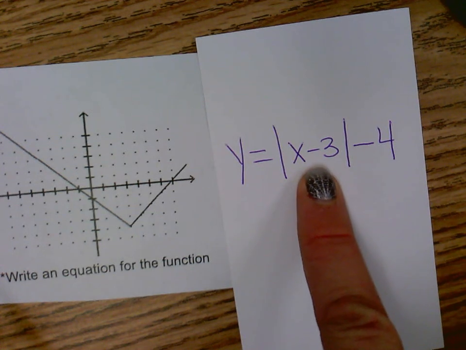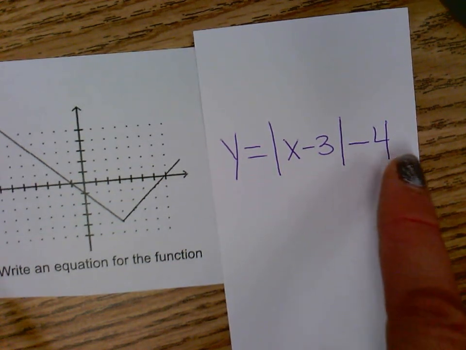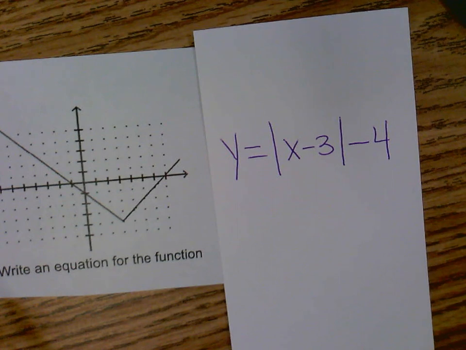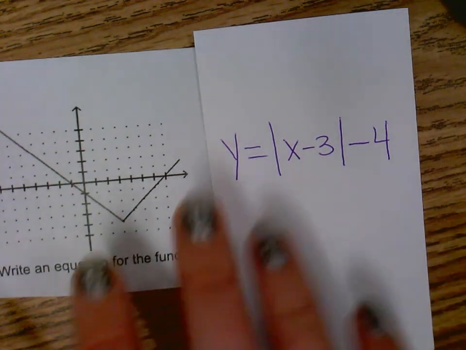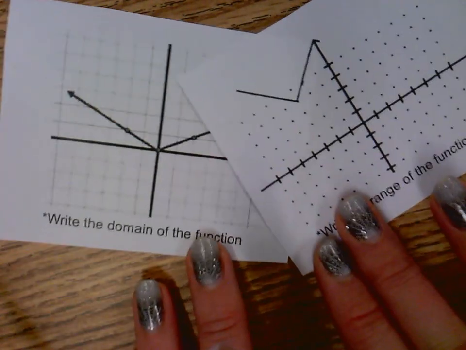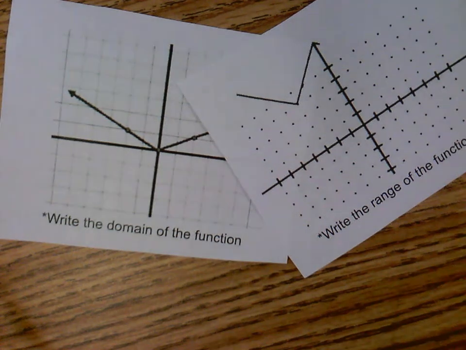It's the opposite of what you think. This is outside of the function. All right. The next two I'm going to find the domain and range, and they're both absolute value. X minus 3 minus 4.